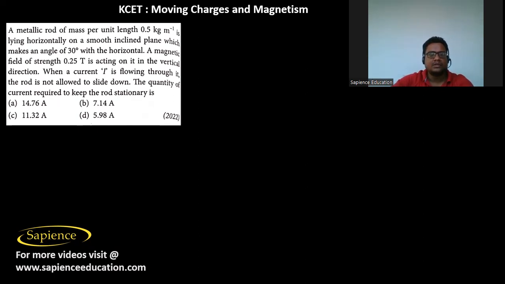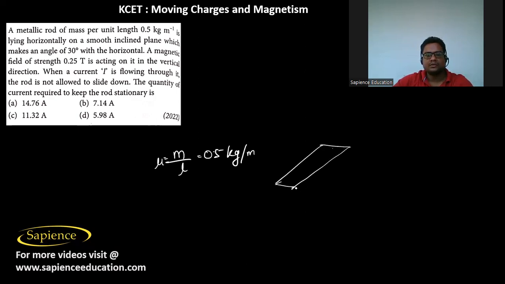Then here it has been told that a metallic rod of mass per unit length, that is mu, given as 0.5 kg per meter, is lying horizontally on a smooth inclined plane.